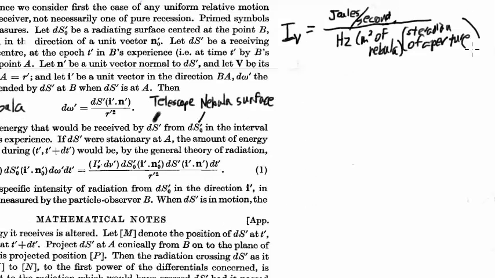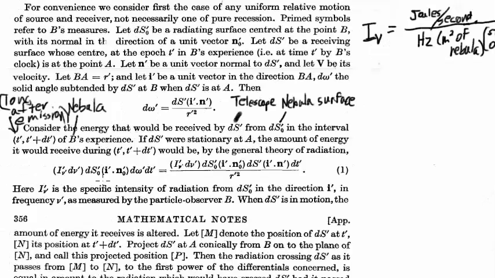And that's a steradian of the aperture measured from the point at the center of the nebula surface. So we're going to multiply that by d nu. Did I say what d nu is?